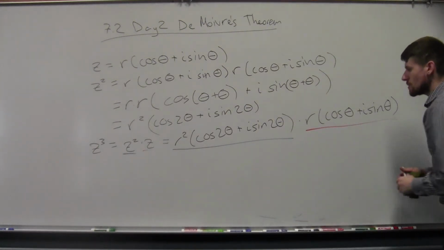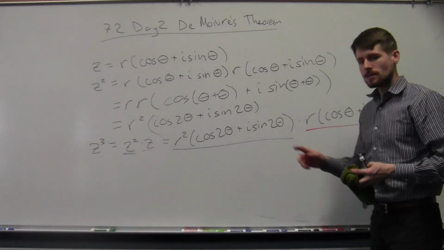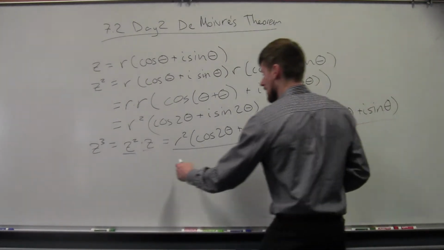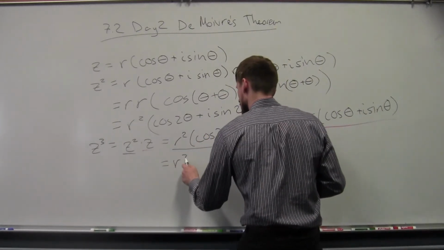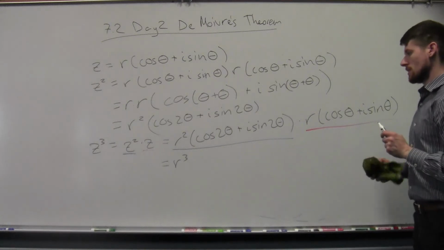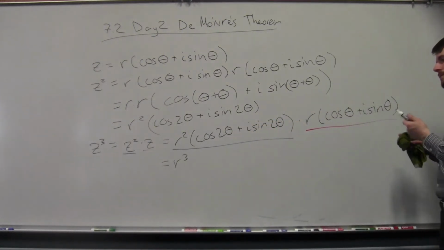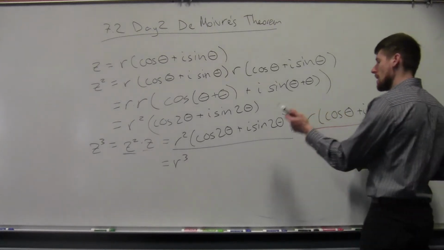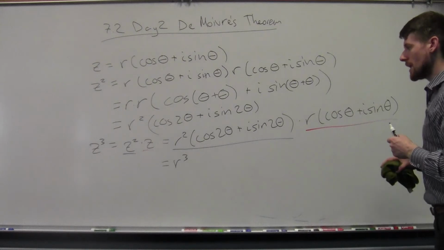So let's do some grouping again. What makes the most sense for grouping? If we group the r's together first, again, we write all the r's in front. r times r squared, that's going to give me r cubed. And now let's do the foiling. Well, we don't need to FOIL because we already know what's going to happen. We just add the angles together. That's the result we had earlier.